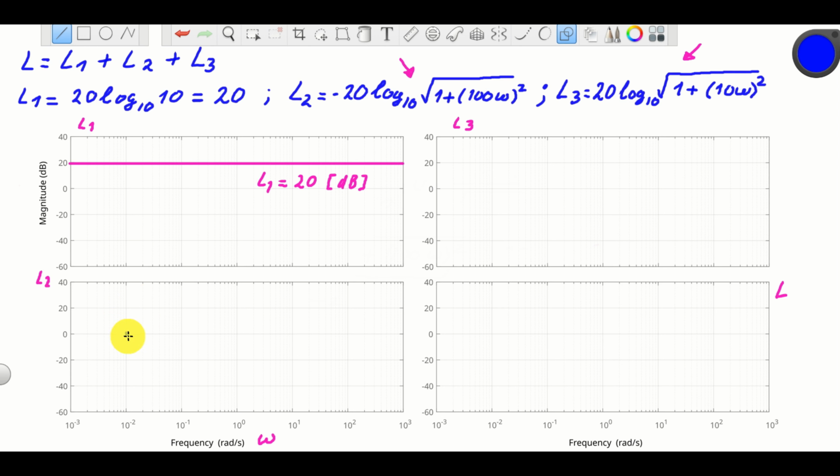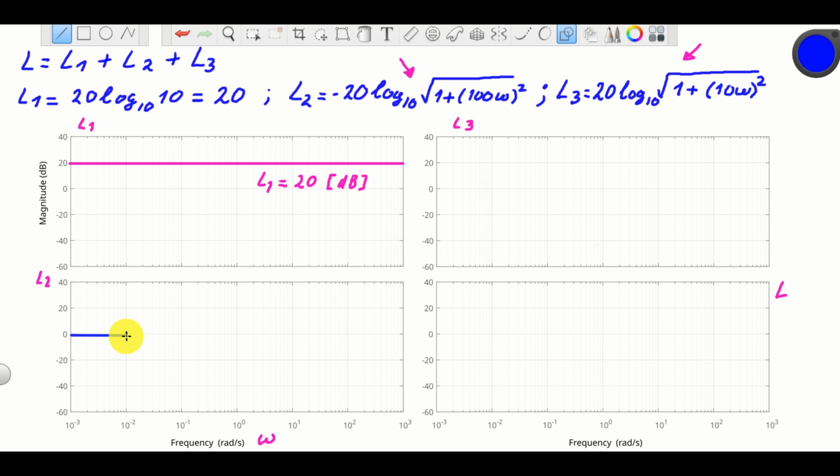For omega values below the break frequency, that is for omegas much smaller than this break frequency, I can approximate this function as a straight line. Why is that? Well, this term can be approximated by 0 for omega much smaller than the break frequency, and then I will have 20 log 10 of 1, and that's 0. Consequently, here I will have a straight line until this break frequency.